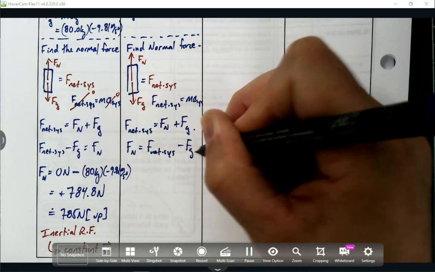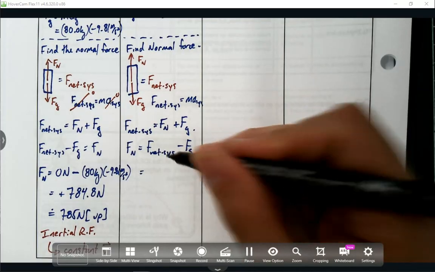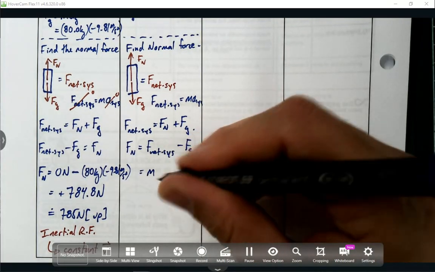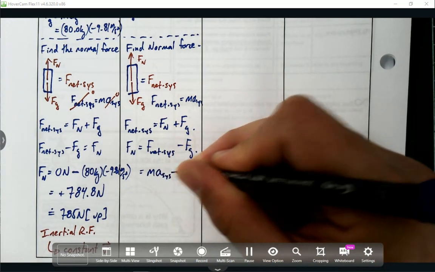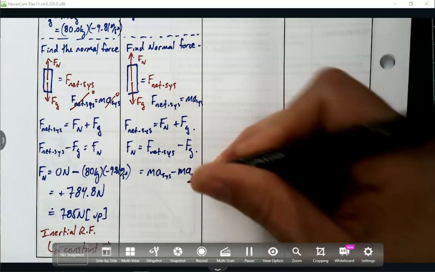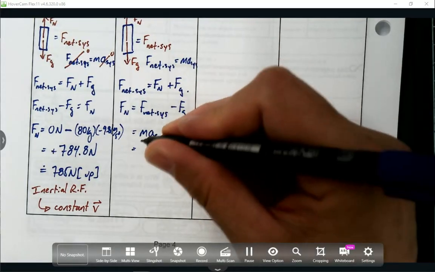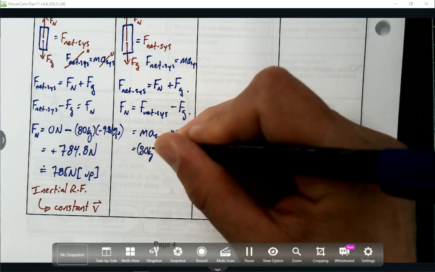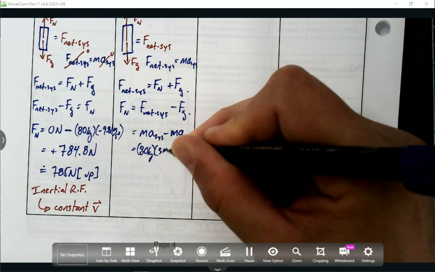minus Fg. But when I sub in my values, F net for this system is going to be the mass of the system, which is just the person in this case, times the acceleration of the system, minus mass of the system times the acceleration due to gravity. And the math person in me really wants to factor that mass out, but I'm not gonna. 80 kilograms times 5 meters per second, notice positive 5 meters per second squared.